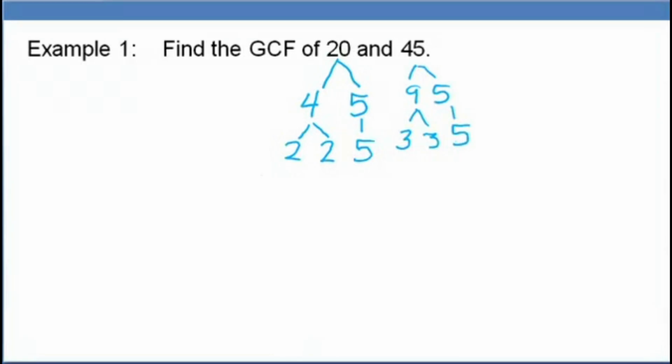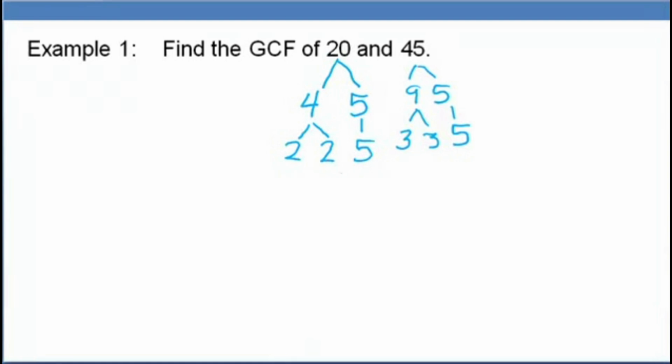Right? So we want the biggest thing that is common to both. Common means it has to be in both pieces. So we look at the 2's. We're not allowed to use a 2 because the second one, the factors of 45, there is no 2. Also, we can't use a 3 because the first one, the 20, has no 3 in it.